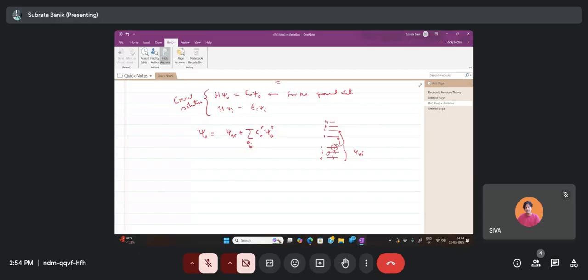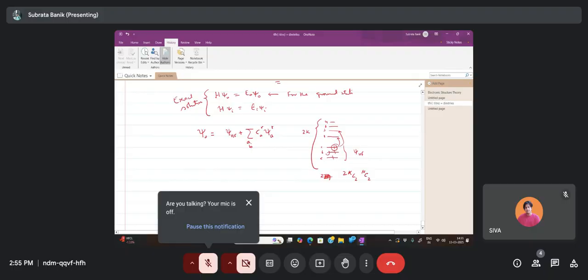So if I have a total of k, or as I said, we call it 2k, and this is n, then I can get this as many as 2k minus n, 2. I'm sorry, 2k choose 2. Those many ways I can put two electrons in the virtual orbitals, and I can also pick up two electrons by n choose 2. That is a combination.